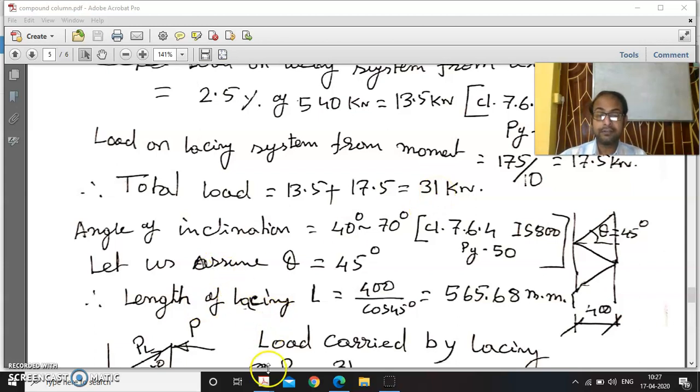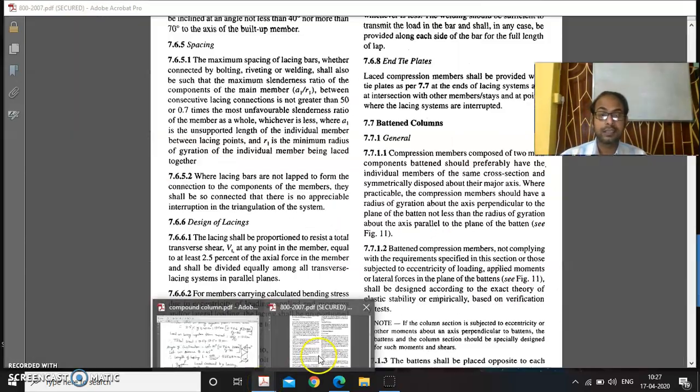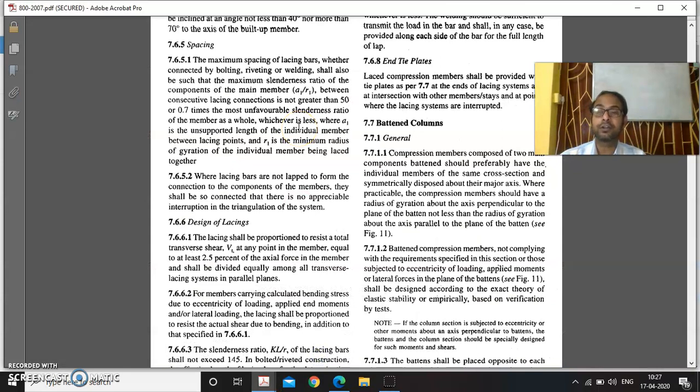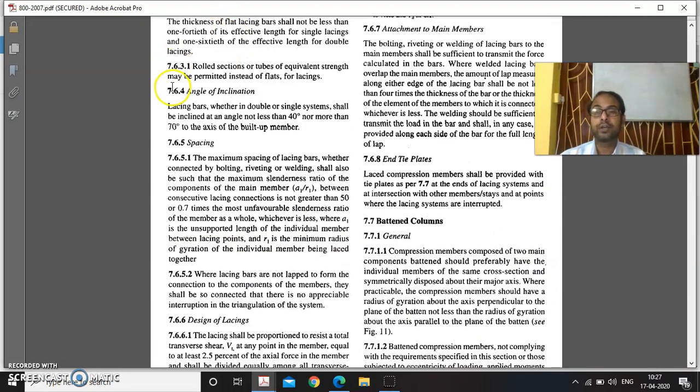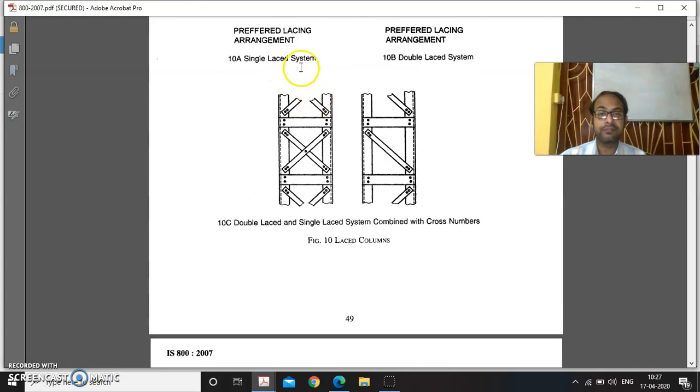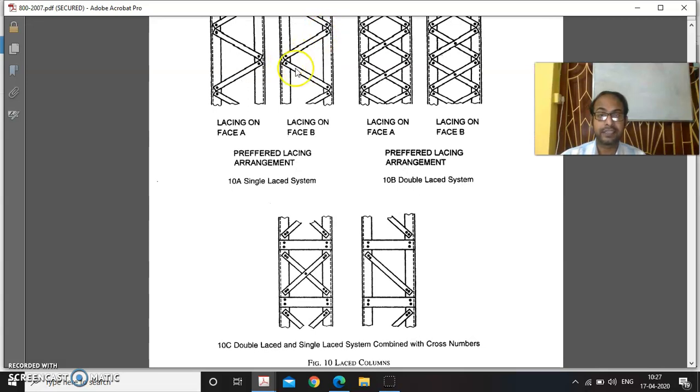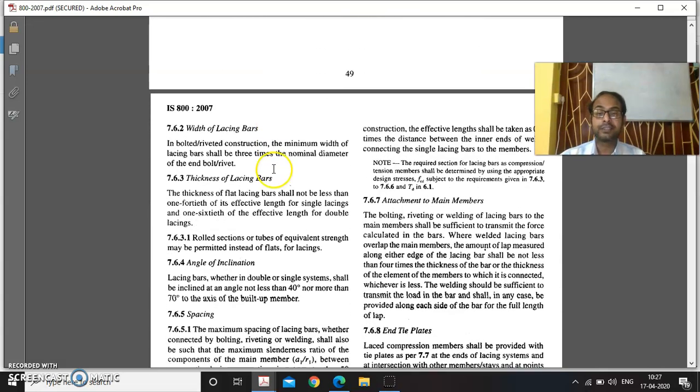Again we'll go to the code. The geometry is also mentioned by the code in clause 7.6.4, the angle of inclination. What should be the angle of inclination? This is stipulated by the code.